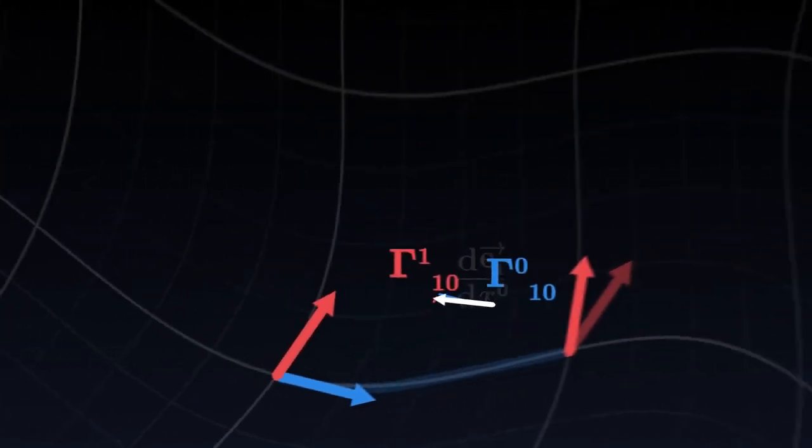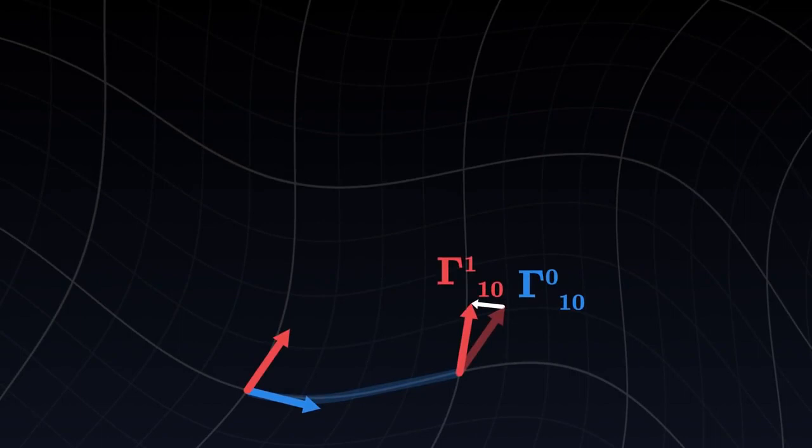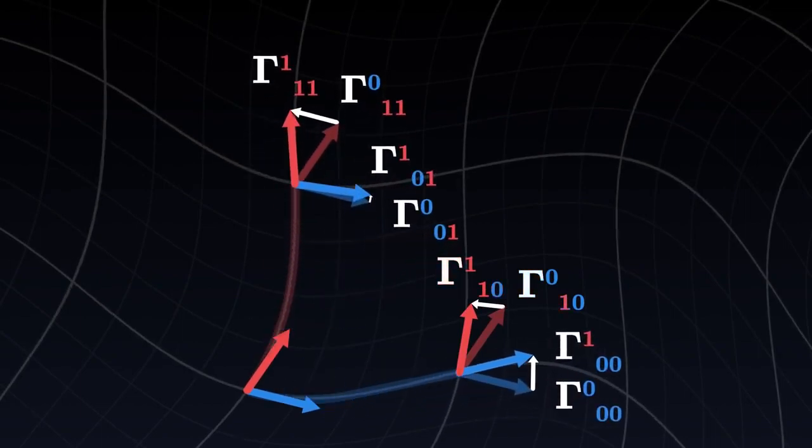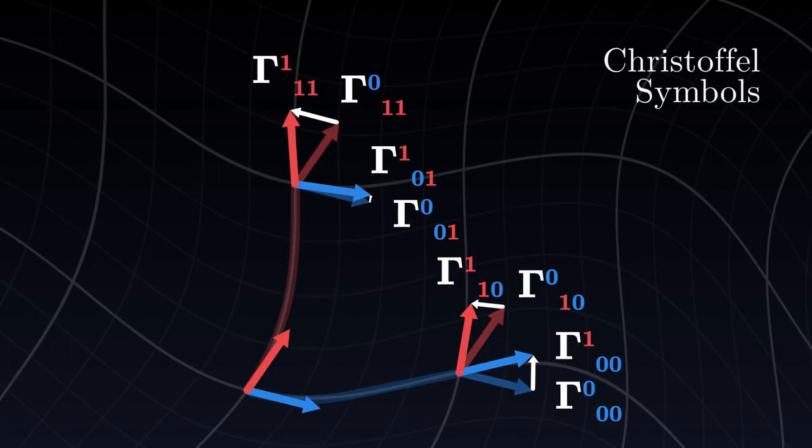In our two-dimensional case, these components exist in 8 different versions, 2 components for 4 different vectors. These numbers are called Christoffel symbols. The Christoffel symbols are essential quantities for general relativity, because they encode how the grid changes along each direction. They contain crucial information on how our coordinates behave.